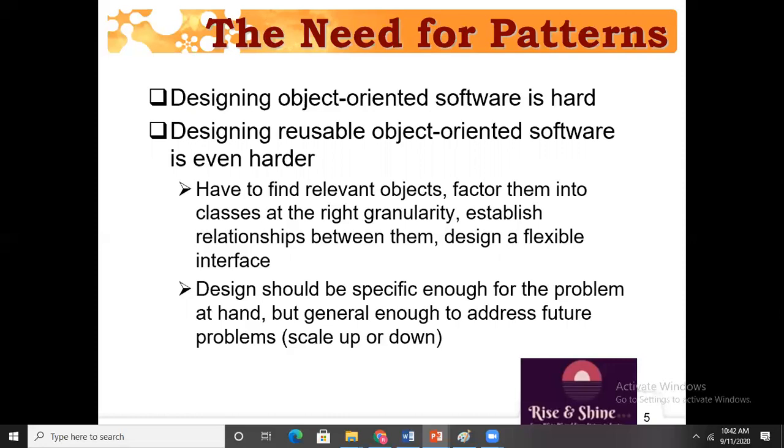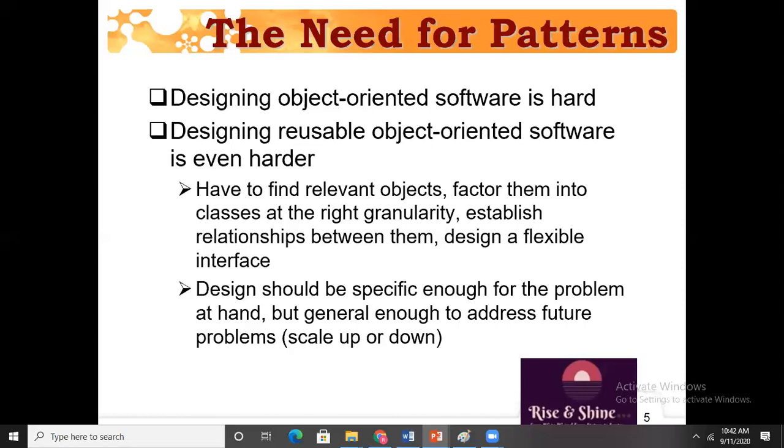While you are analyzing, while you are designing, while you are coding, if you are following the patterns, then that software becomes more maintainable and more scalable. So this is the need of pattern. Using patterns, we can design software which is specific to that business, as well as general enough to add changes in business.